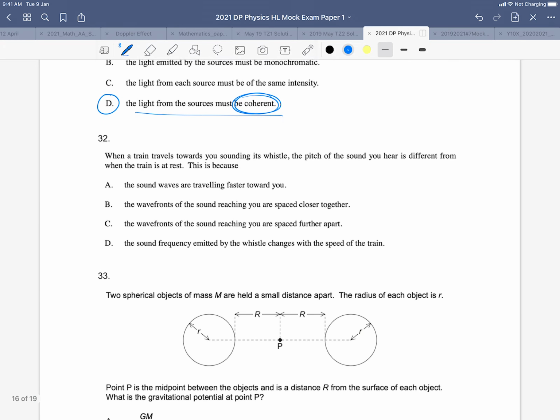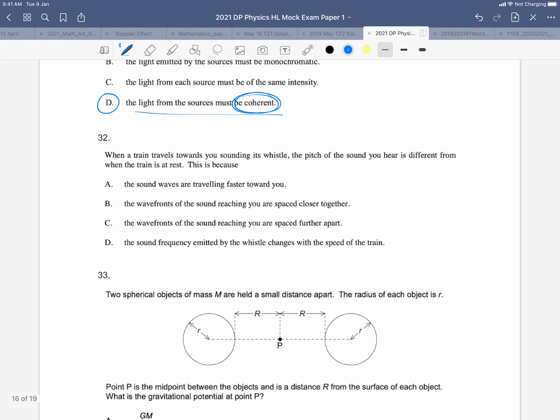Doppler effects, still topic 9. A train travels towards you. So we have a moving source, and the sound is still just moving with a speed v. And we have an observer over here waiting for all those wave fronts to arrive. Now, why is the pitch higher? Because the wave fronts reaching you are spaced closer together. That is what's happening.